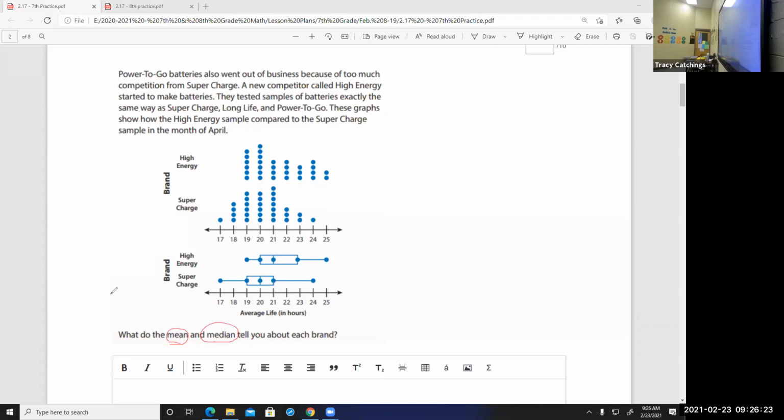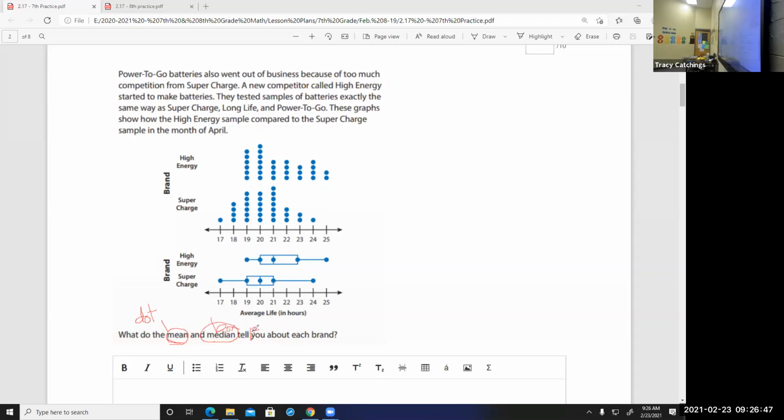Mean and median tell you about each brand. Which one can I find the mean of, the dot plots or the box plots? That would be a dot plot, because the dot plot gives us those numbers. So the median is the one that's found on the box plot.